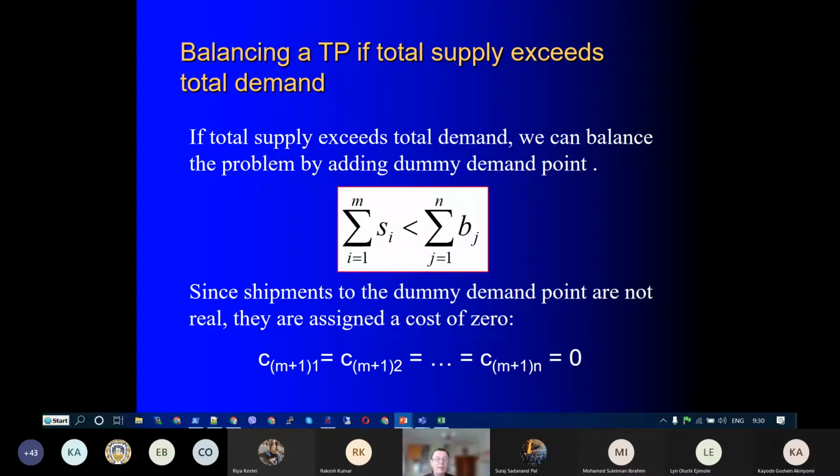But in reality, we actually never have a balanced situation. Every time we have an inequality in resources and requests. For example, if total supply exceeds total demand, we have to establish our mathematical balance.